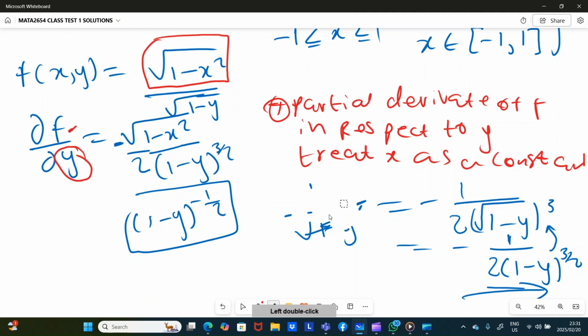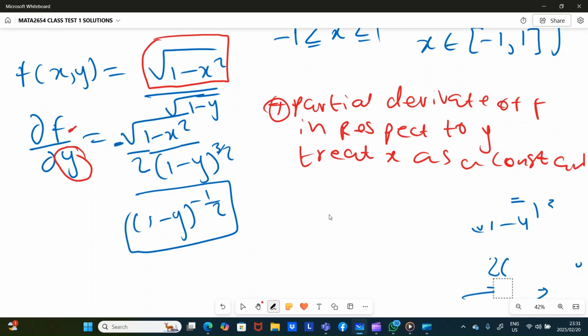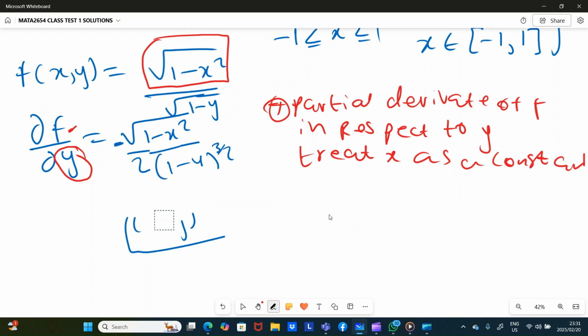Now let's move on and check what is going on with our domain. We have to check where our partial derivative of f with respect to y is continuous. So here it's y.